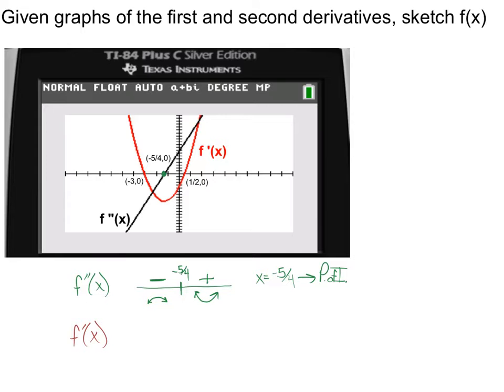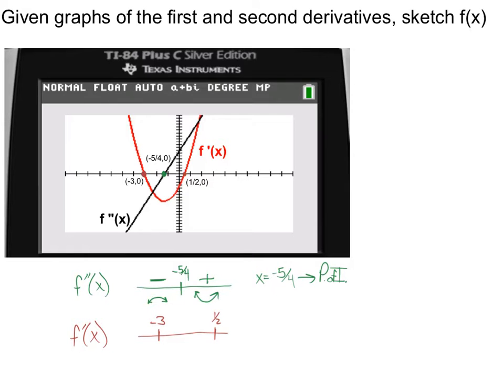So by the way, when you're constructing sign diagrams, I like to do them side by side, like this. And I also will put the points relative to each other. So negative 3 is going to be to the left of negative 5/4, and positive 1/2 is going to be over here. Okay, you'll see why we do this later when we get to the applications more.